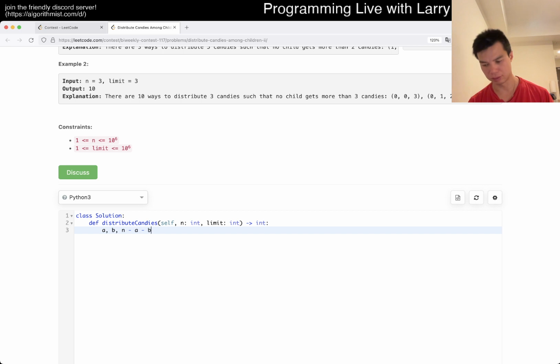So 0, 0, there's 1. 0, 1 and 1, so 1, 2, 0, and then 3. Okay, so it's binomially distributed on the limit, right? And then we can do the math on that way.